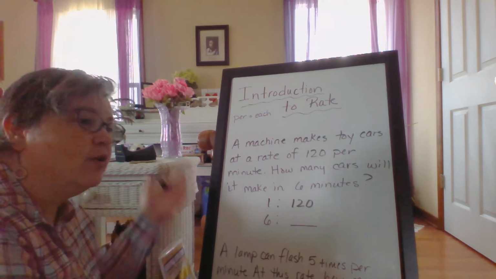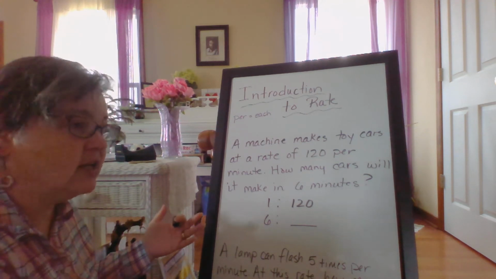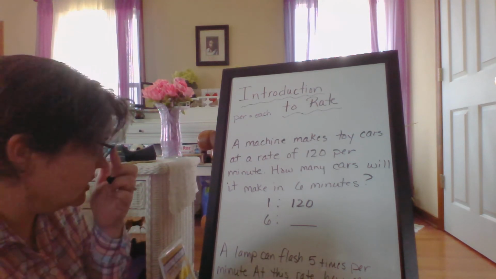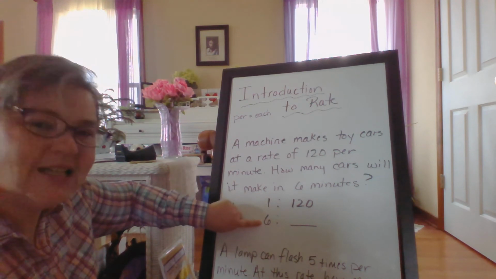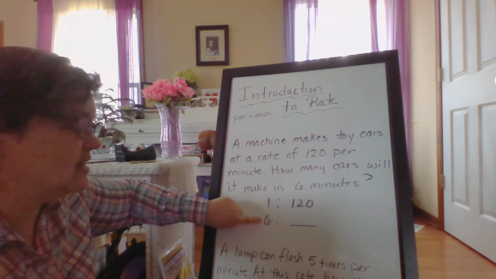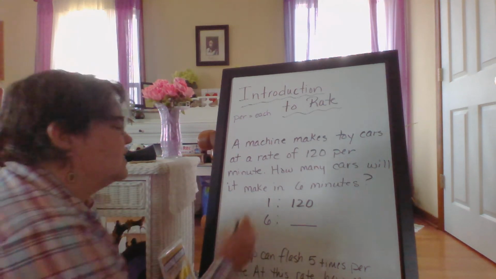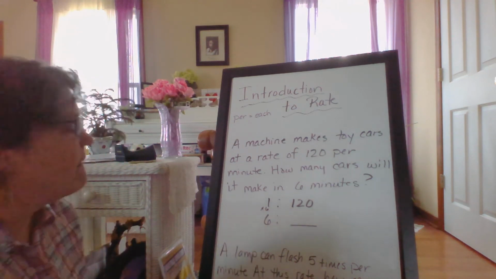If you recall, in the last two problems, we had to divide to get our rate. But I want you to look at this, because this time I'm going from 1 minute to 6 minutes, and there's no way I can divide 1 and get 6. I would have to multiply to get 6. I'd have to say 1 times 6 is 6.